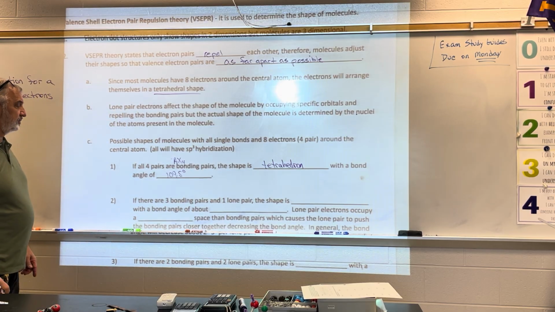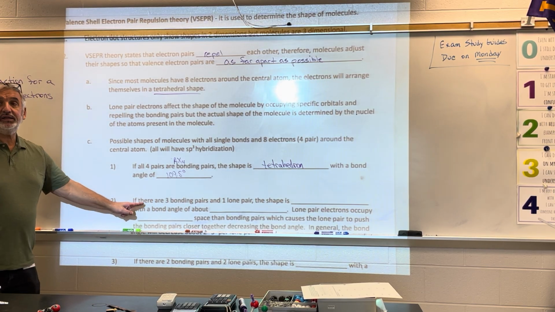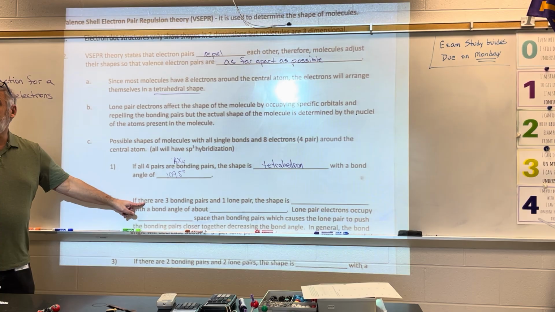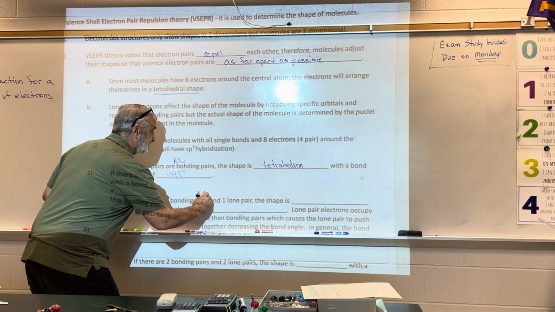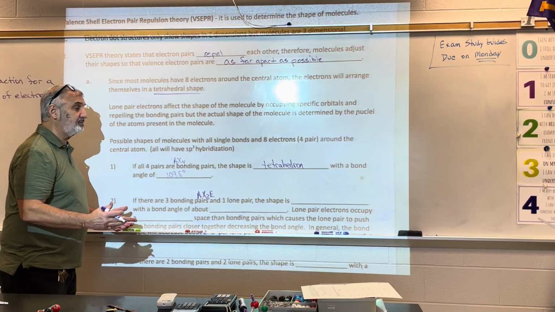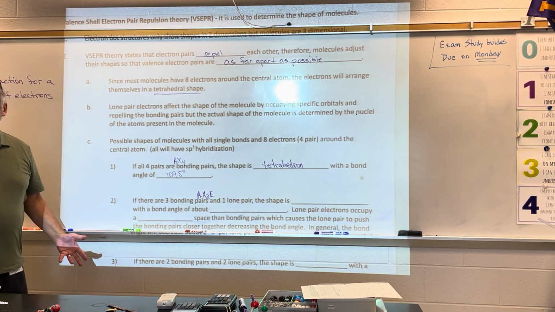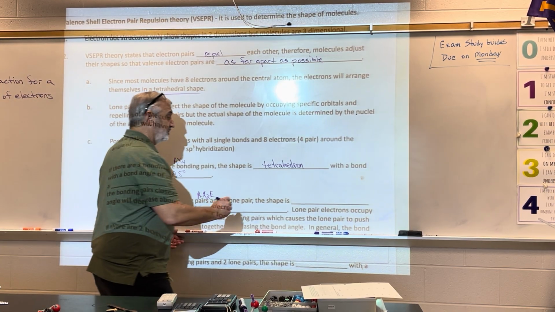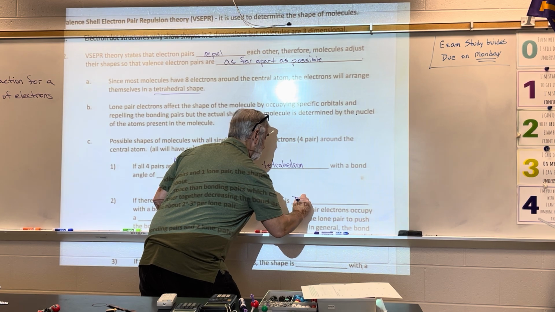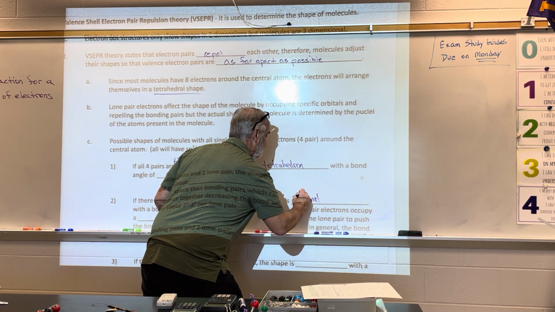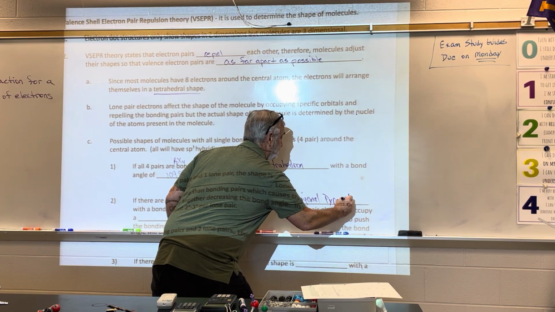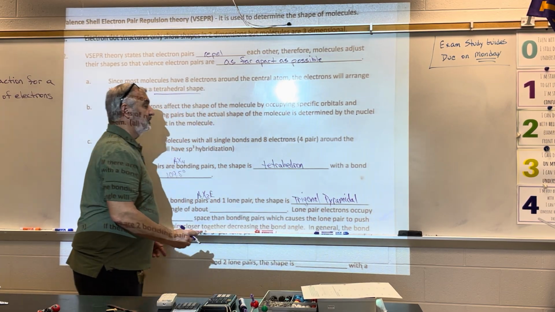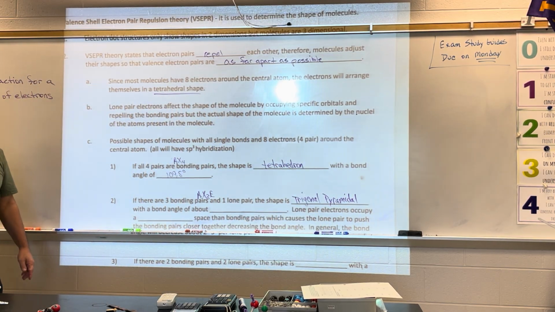Okay? But if there are 3 bonding pairs and 1 lone pair, what's the AX formula going to be? AX3E. So in other words, this one's talking about AX3E. Okay, so we've already talked about it. What's the shape going to be? Trigonal pyramidal. Pyramidal. Okay? But what's the bond angle going to be?